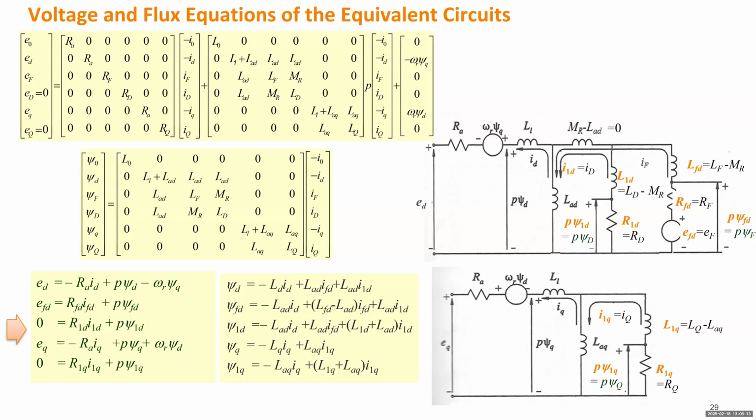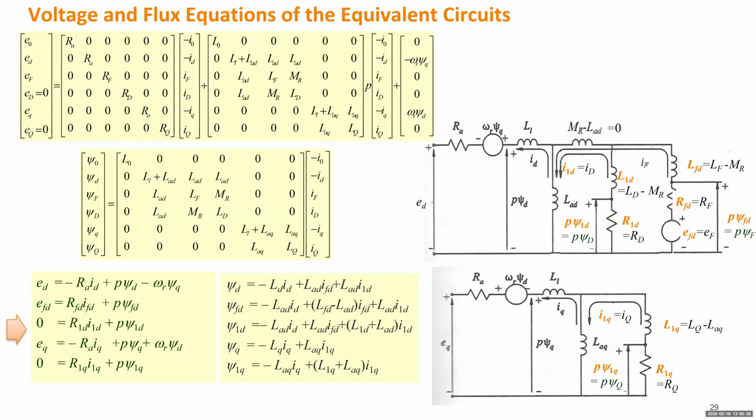So for instance, we pick the second equation about the psi D. That one will be equal to LL plus LAD, that is the total inductance, multiplied by ID. So LL plus LAD will be LD.